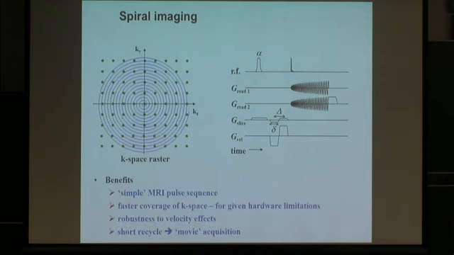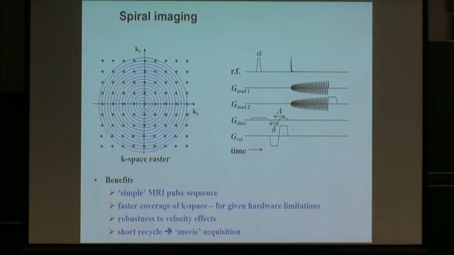So there are a couple of other advantages here. This is the pulse sequence, which I'm not going to talk about at all, but it's a little bit simpler than the previous one. It still requires fairly careful implementation. I say faster coverage of case space for given hardware limitations, so we're cutting down by about a factor of 2 on the speed. Because of the order in which we acquire these data points either side of case space, it's also very robust to high velocity effects.